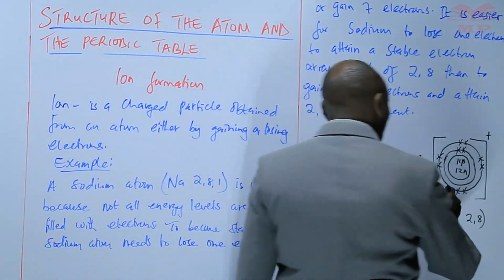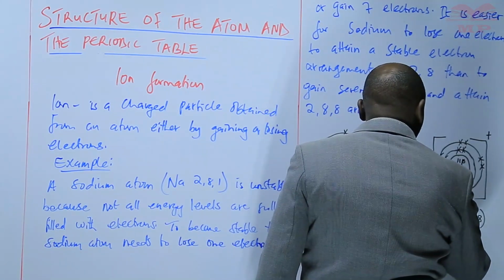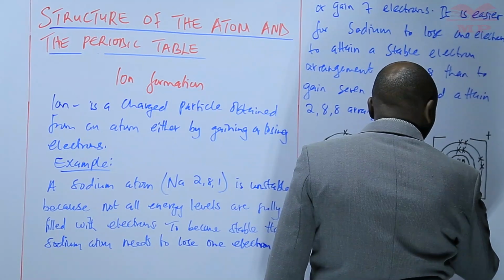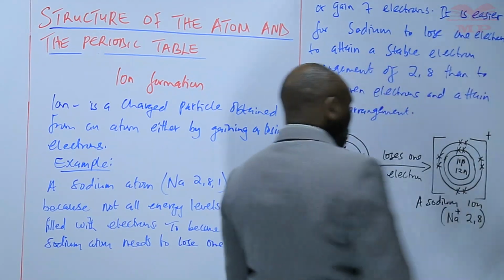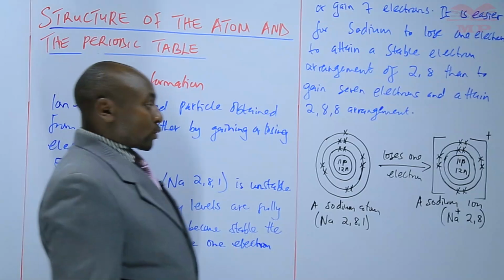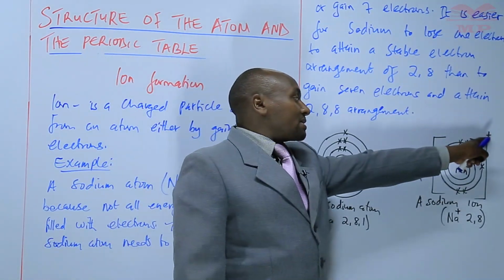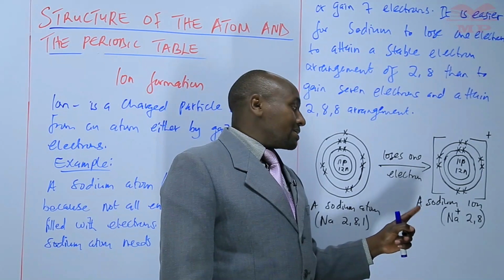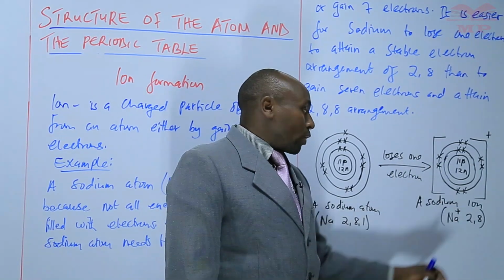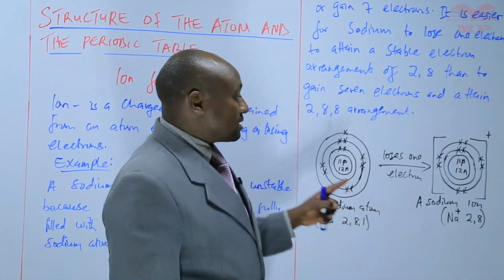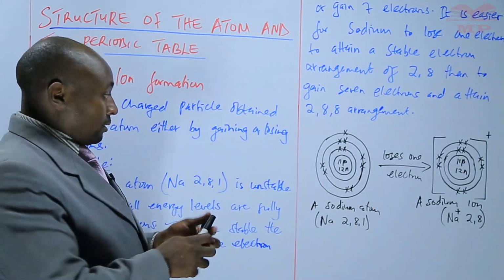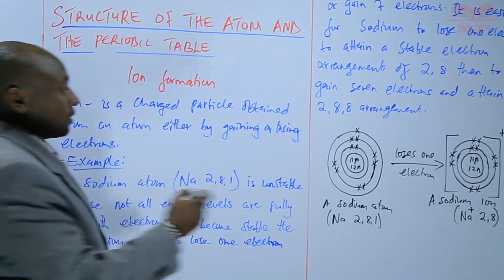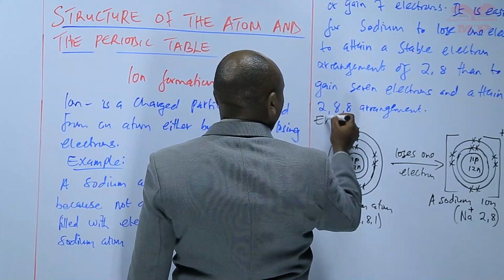So now it becomes a sodium ion, with a positive charge, to show that the number of protons, or the positive charges, are more than the number of electrons, the negative charges, by 1. So that is how sodium forms its ions. So this is example 1.